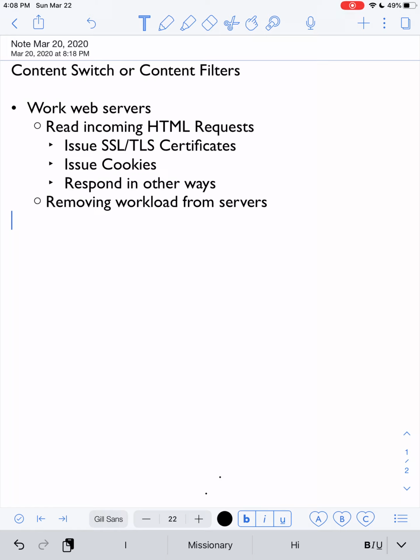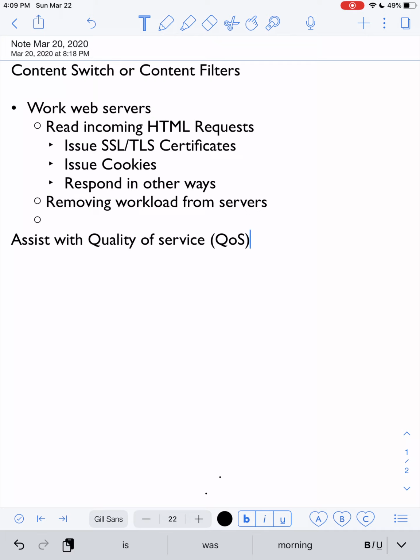Other things switches can do, they can perform quality of service. Now, when you hear quality of service, you're going to see the term QoS.